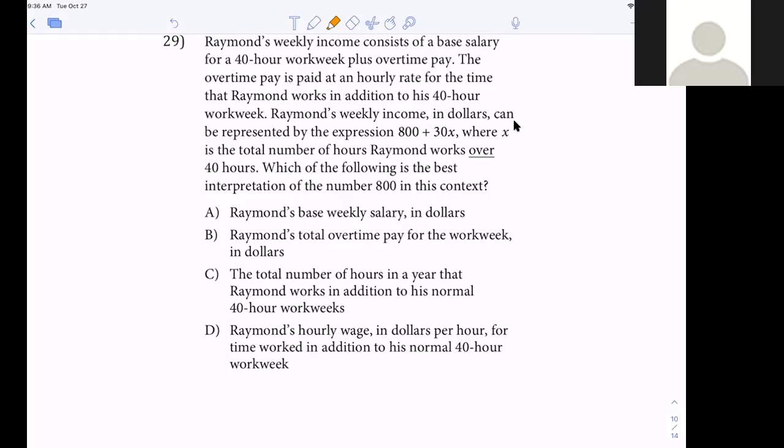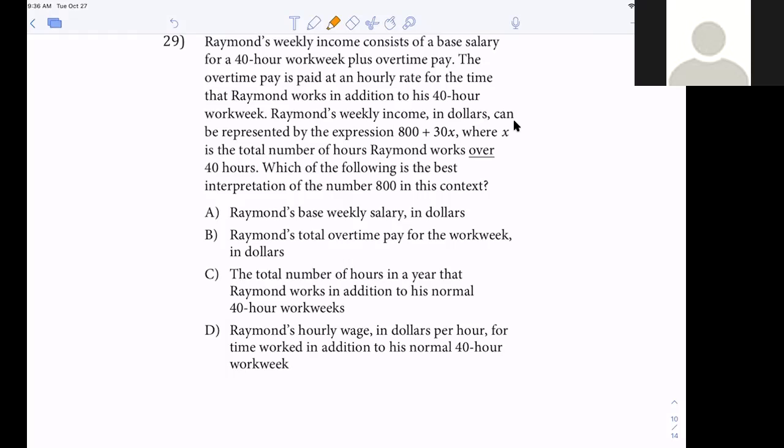read A, B, C, D. Now, what's wrong with C and D? The total number of hours in a year that Raymond works in addition to his normal 40-hour week. Raymond's hourly wage in dollars per hour for the time worked. No, I want to know 800. You told me it was the y-intercept, which has to have something to do with the initial amount.